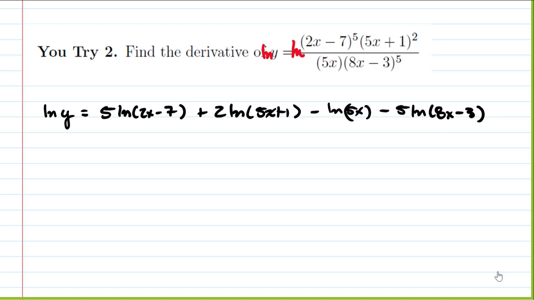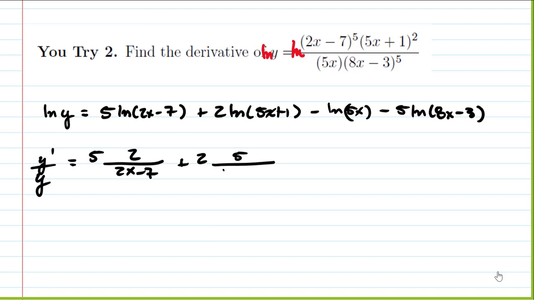So now that we've done this, we take our derivative, which is y prime divided by y is equal to, we have 5 times 2x minus 7 in the denominator. The derivative of 2x minus 7 is 2. So that's our f prime over f. 2 times f prime over f, is 5 times 5x plus 1 minus the derivative of 5x, which is 5, over 5x, minus 5 times the derivative of 8x minus 3, which is 8, over 8x minus 3.